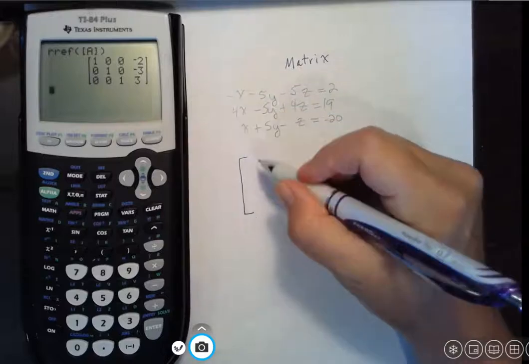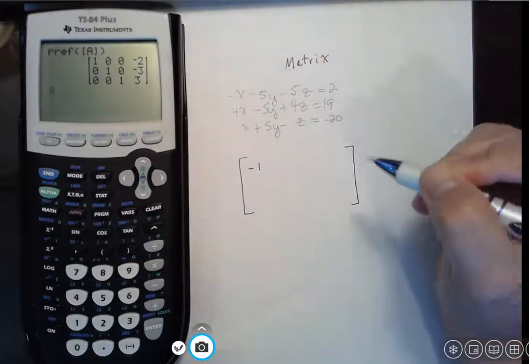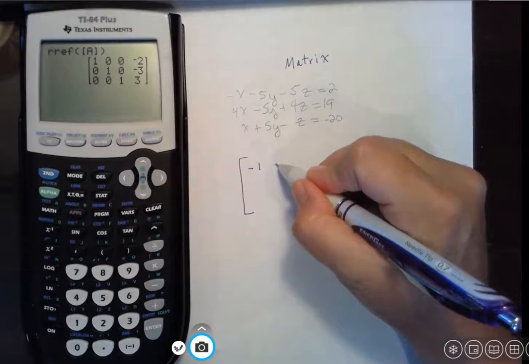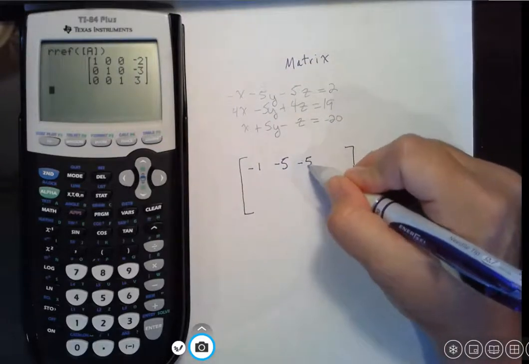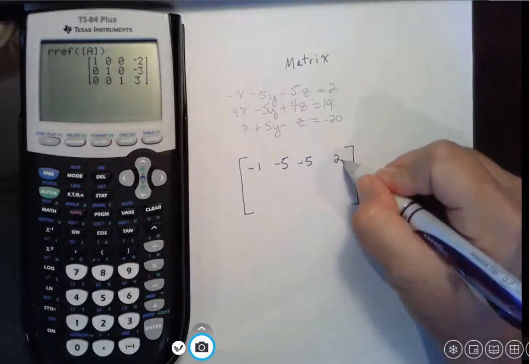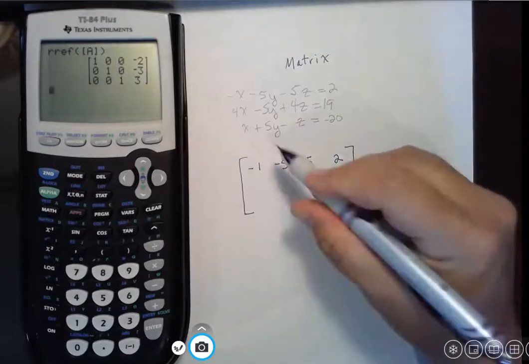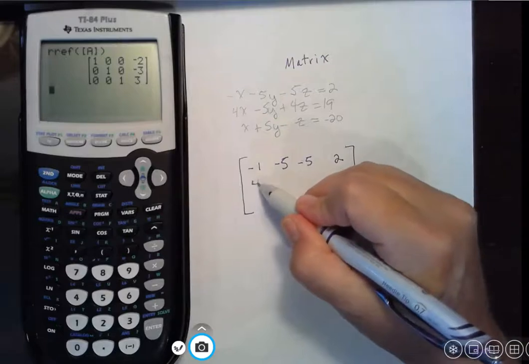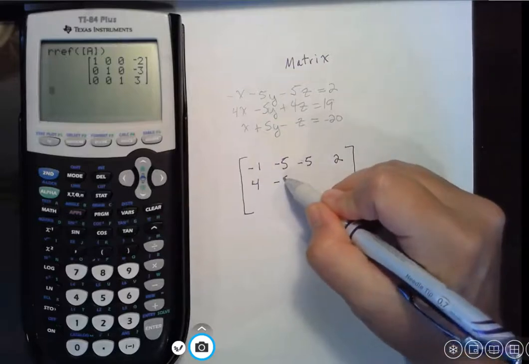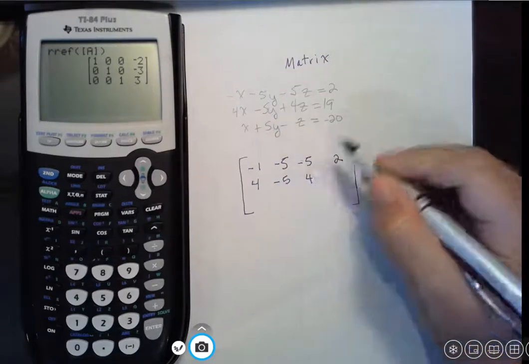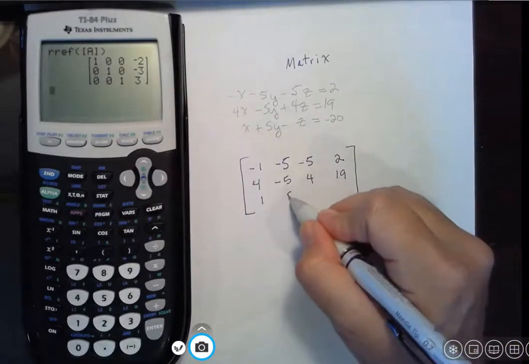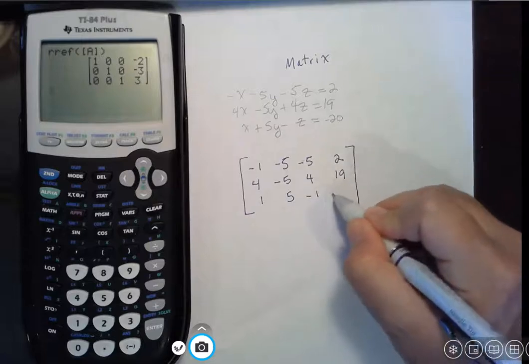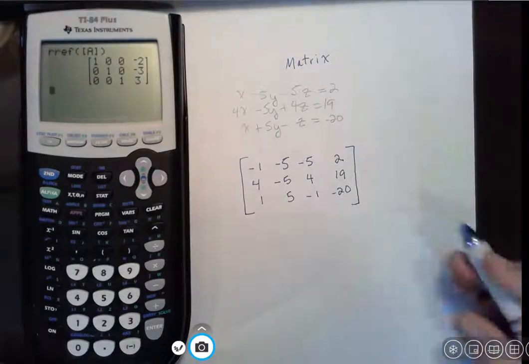So for instance, negative x is actually negative 1, negative 5y is actually negative 5, and then negative 5z is negative 5, and then just put a 2 over here, okay? And we're going to do this for every equation. So we're going to have 4, negative 5. Notice you don't need the variable with them, and you don't want a variable in a matrix. And 1, 5, negative 1, negative 20.